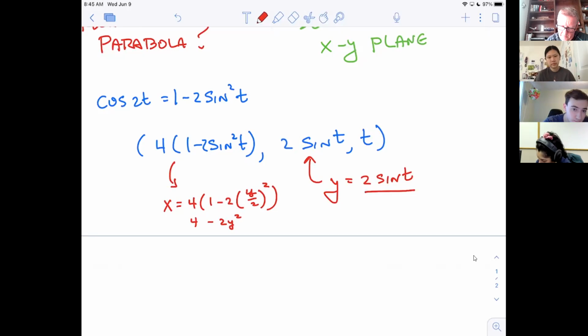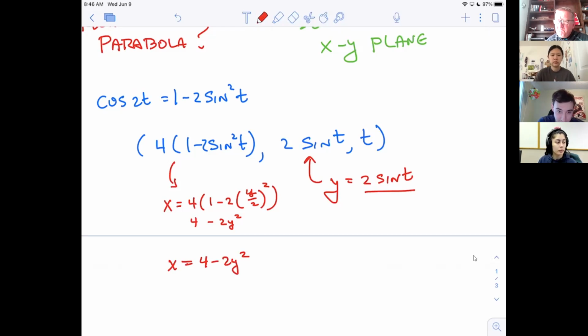And so isn't the equation for this, how would I say that? Well, I guess I could actually just say it like that. In other words, that is my equation. So x equals 4 minus 2y squared.